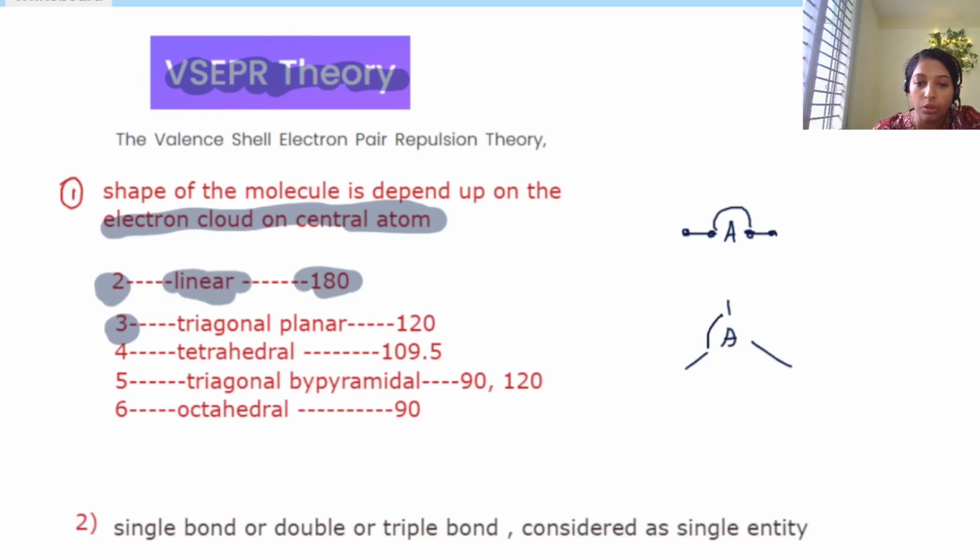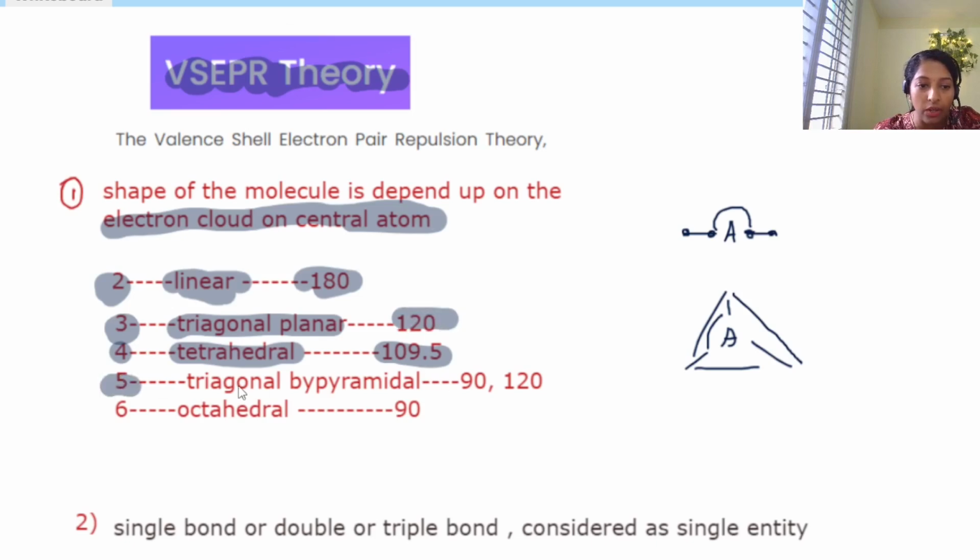We need to locate them in a trigonal planar shape. Then only it will be correct. So just remember: two means linear, three means trigonal planar, and four means tetrahedral. The bond angle is 109.5 for tetrahedral, and trigonal planar was 120.